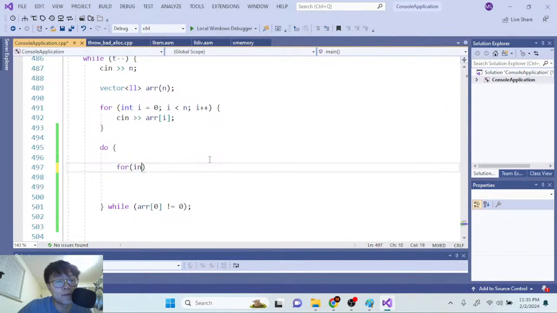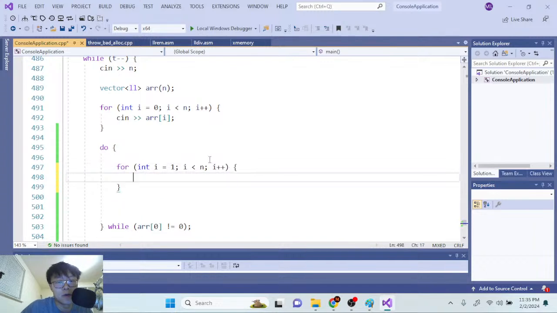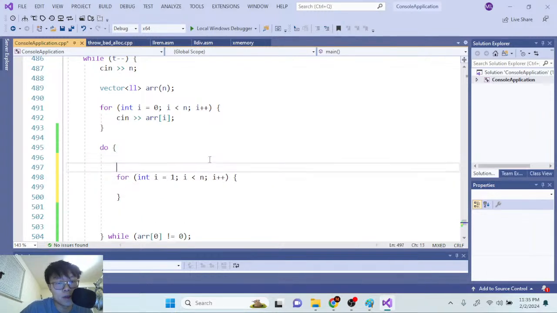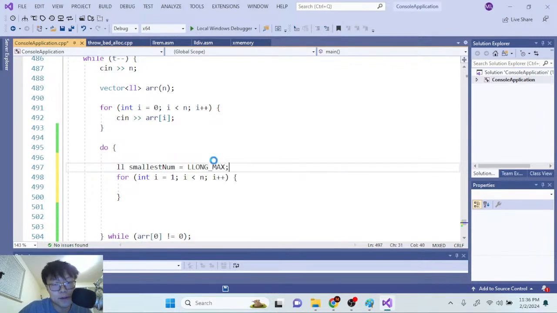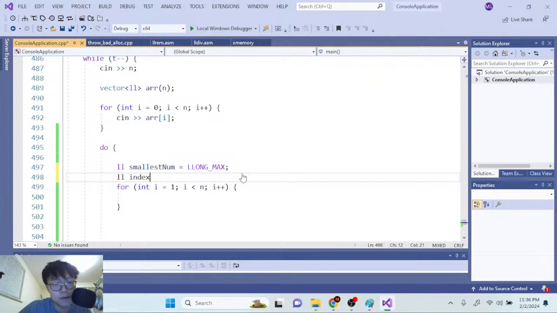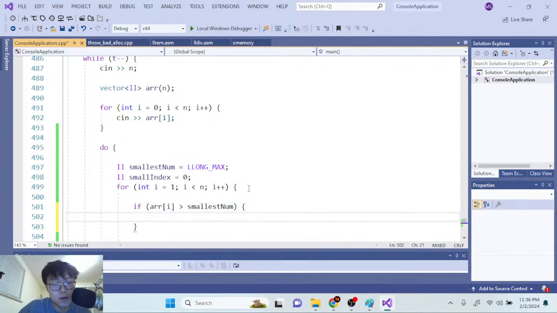So we're going to loop from i is 1, i smaller than n, i plus plus. We're going to find the smallest number. So smallest number, we'll set it to long long max first, and then we need to find the index. So if r at i is greater than smallest number, we're going to set smallest index to equal i, right?